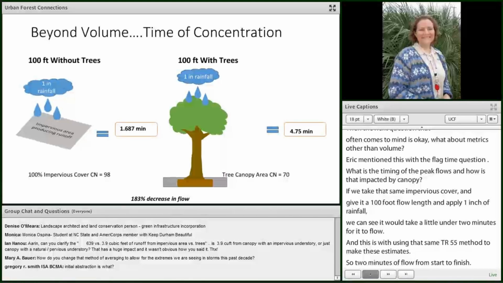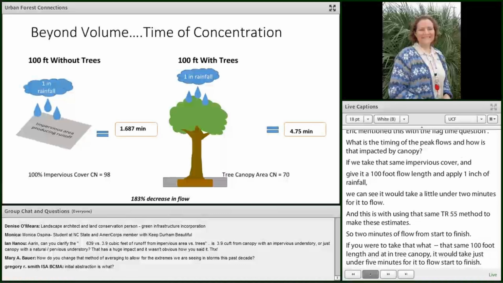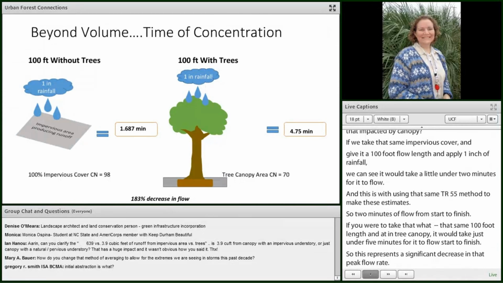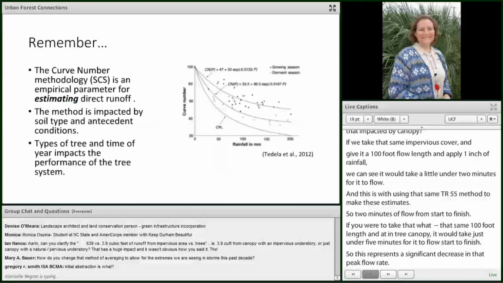So this represents a significant decrease in that peak flow rate. The result of this reduction in flow rate is that you reduce the erosive forces of the runoff and the stream flow when that runoff eventually hits that pour point. However, a word of caution.